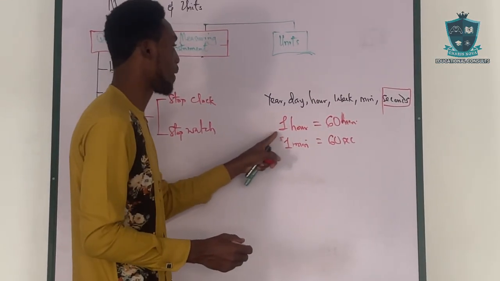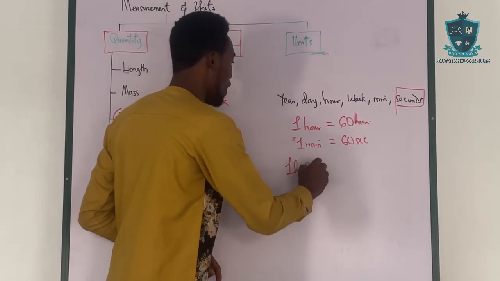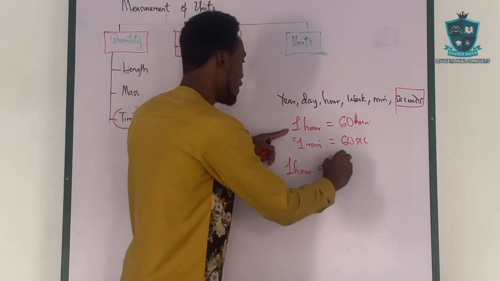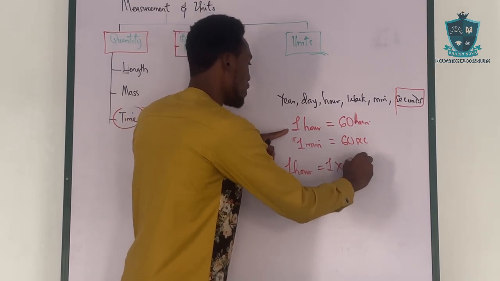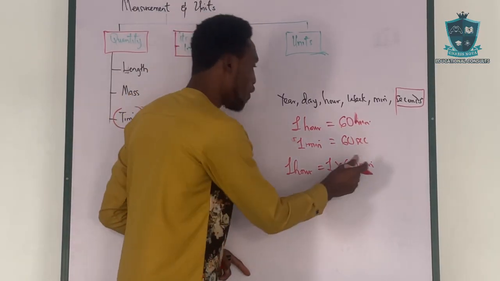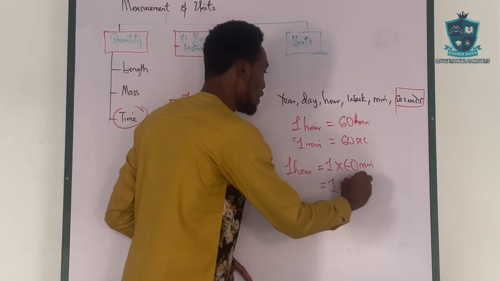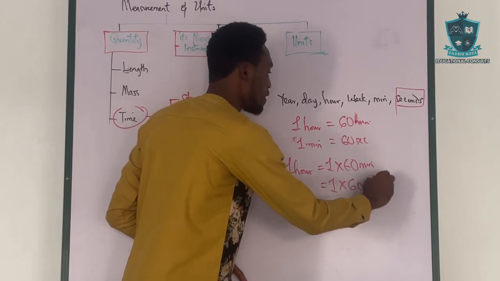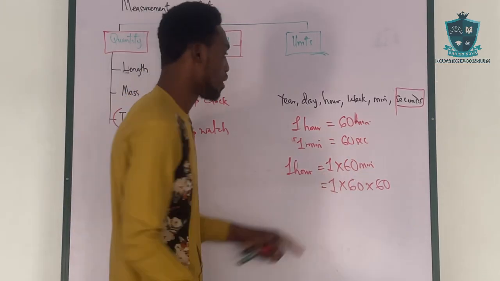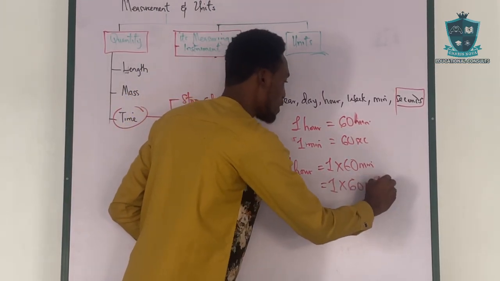You just knew that 1 hour is what? 60 minutes. So 1 hour is equal to, convert this 1 hour to minutes, becomes 1 times 60. Is that true? Then convert the minutes to seconds, becomes 1 times 60 times 60. For those that are still getting confused, let me help them by saying 60 times 1 minute.